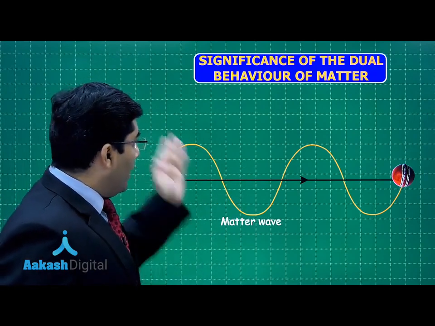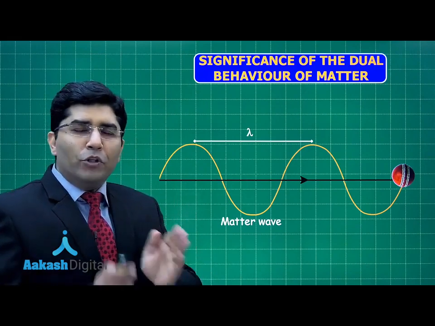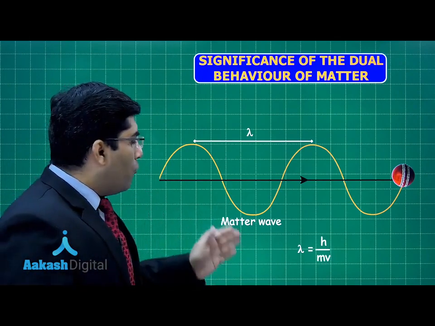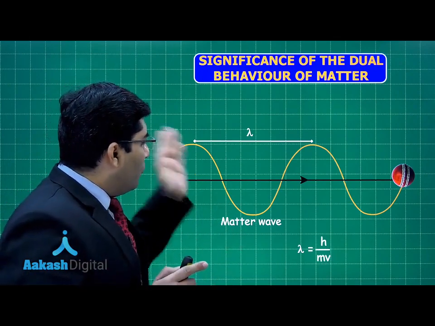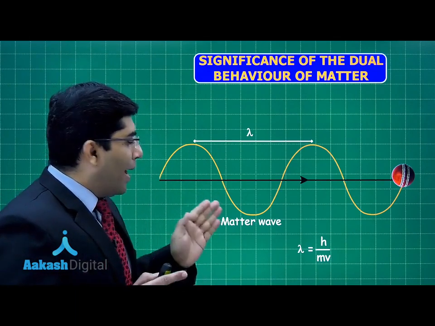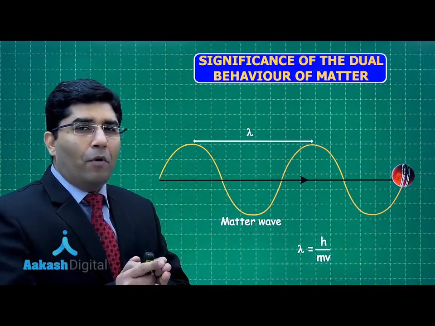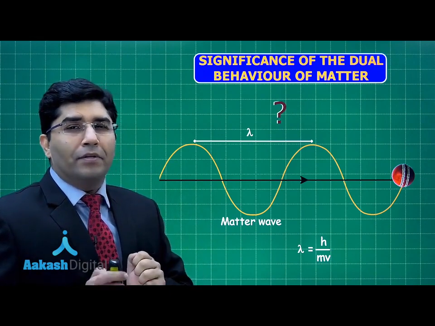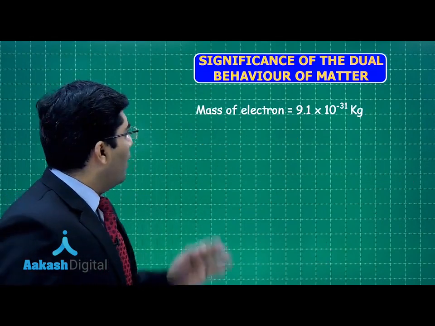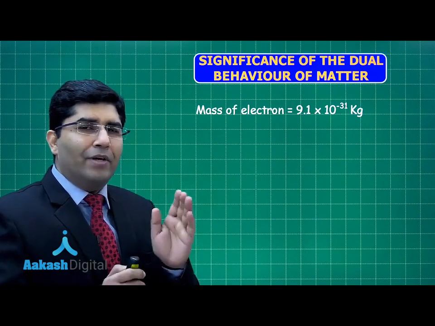There should be a wavelength of that matter wave, and we should find it by the formula lambda is equal to h upon mv, where h is Planck's constant, v is the velocity of the cricket ball, and m is the mass of the cricket ball. But we don't talk about it. Why? Let me explain. The mass of an electron is 9.1 into 10 to the minus 31 kg. That is very small.